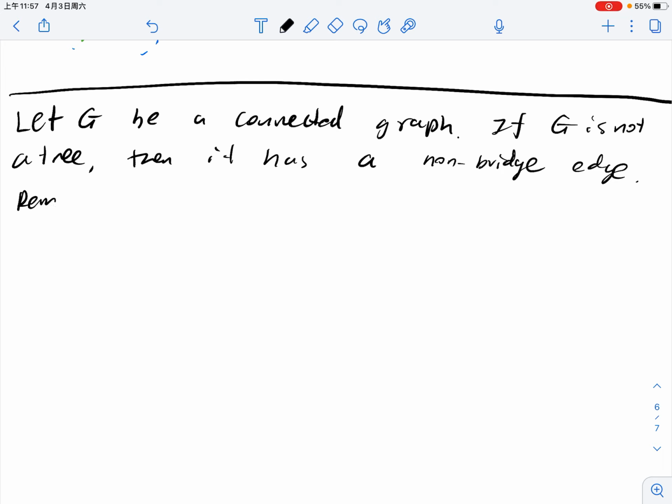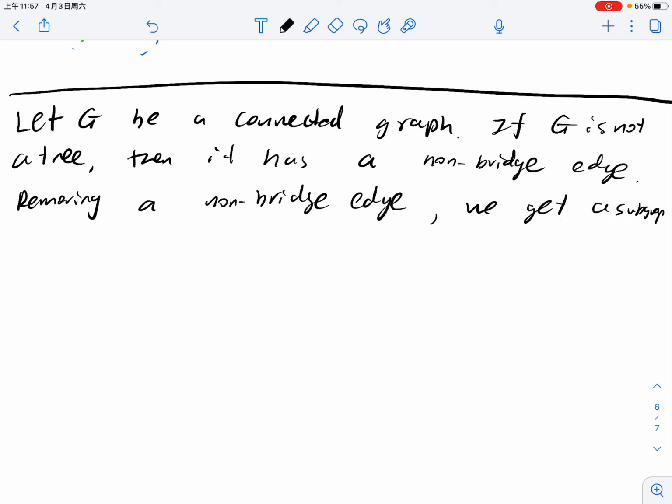Removing a non-bridge edge, we get a subgraph G1.